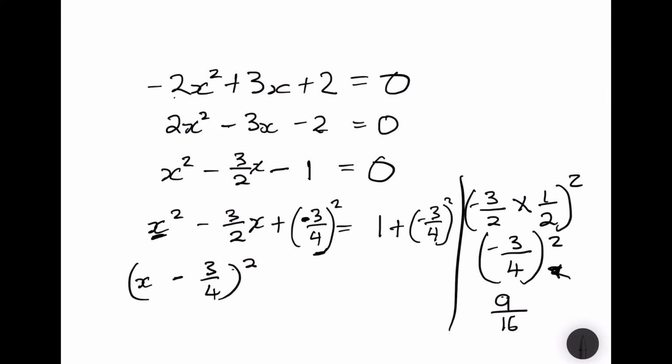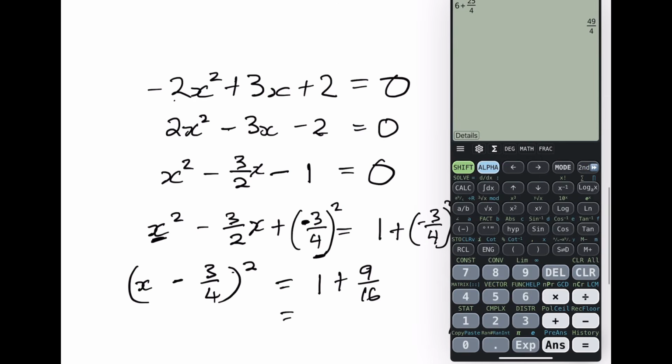That's squared is equal to, now on the other side, that's going to be 1 plus, now remember, once I square this, it becomes 9 over 16. Okay, right. So now, as I said, you can just decide to use your calculator.